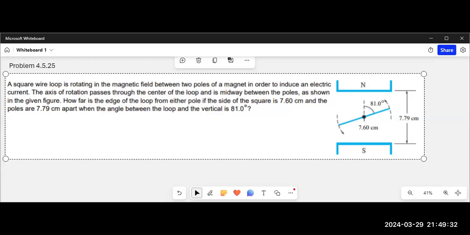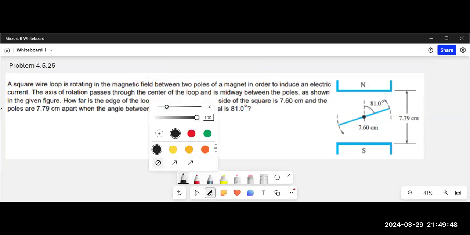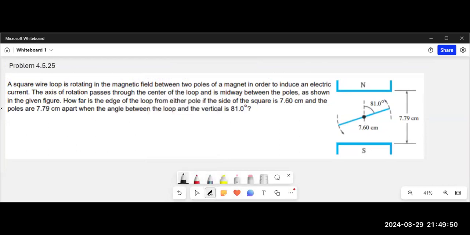Notice that the right triangle is going to be drawn. Let me just draw it right here. See if it'll let me draw on top of the picture. It won't. But from right here, from this point up and over to this edge right here, I'm going to draw a right triangle like so.